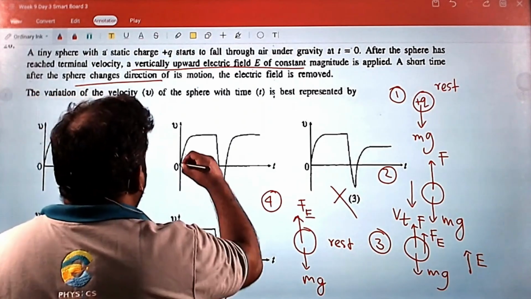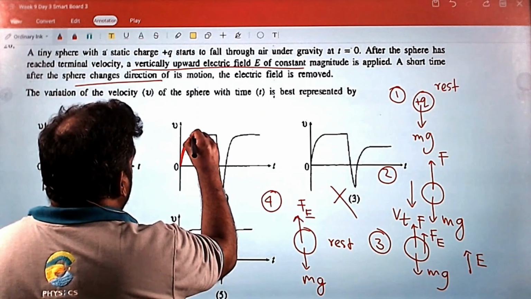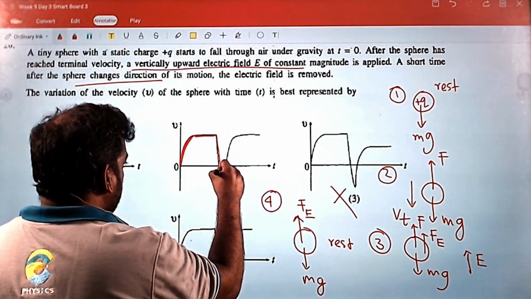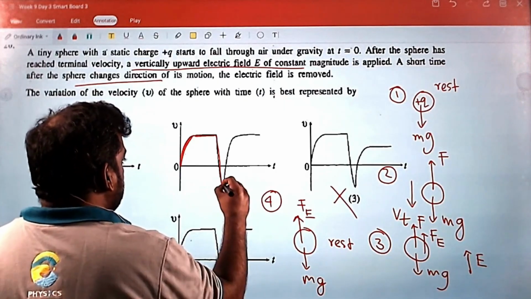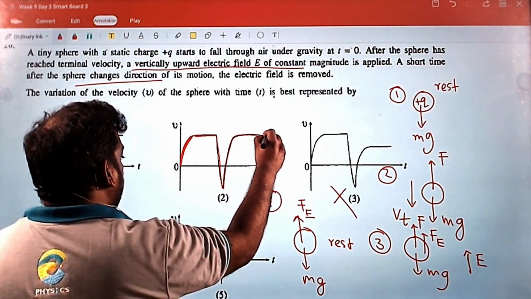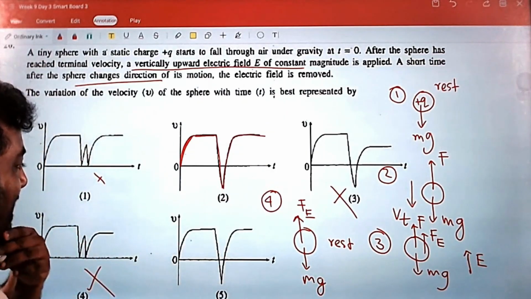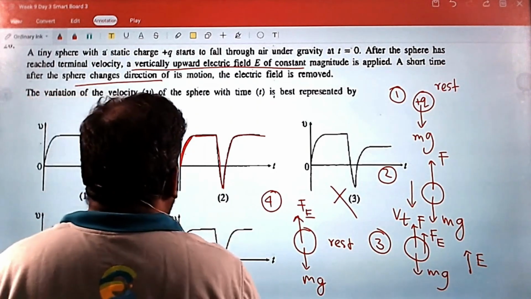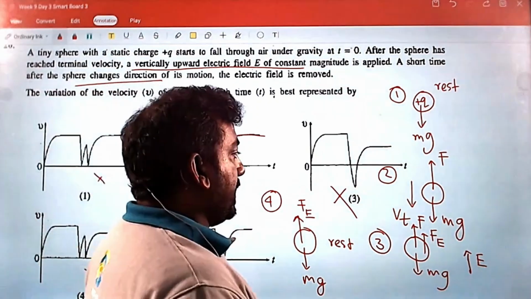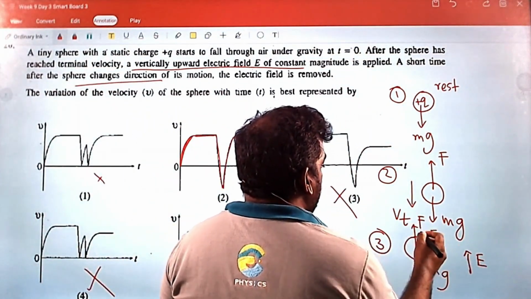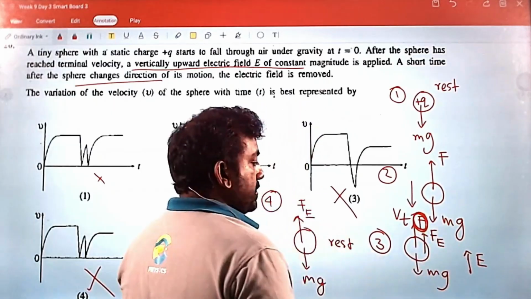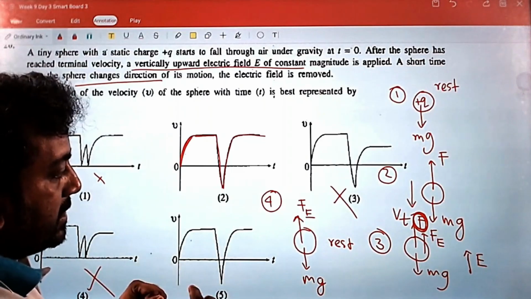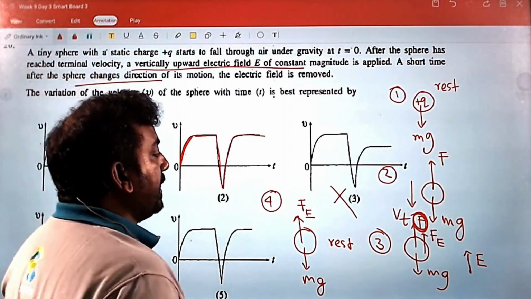So here it decelerates, terminal velocity, uniform deceleration. Then on release, it accelerates back again, then terminal velocity. The next question is whether this is a straight line or a curve. Deceleration will take place, and when it does, the viscous force will also change. When the force is changing, the resultant force will be non-linear.